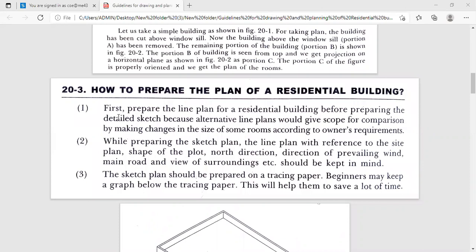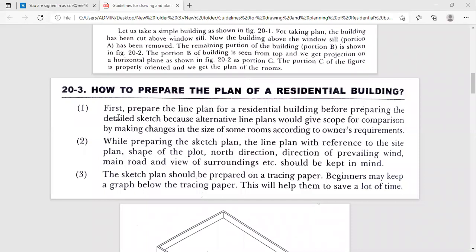How many units we have to provide at the ground floor, first floor, or the next floors, and which units the owner wants at the ground floor, according to that we have to go for the planning.